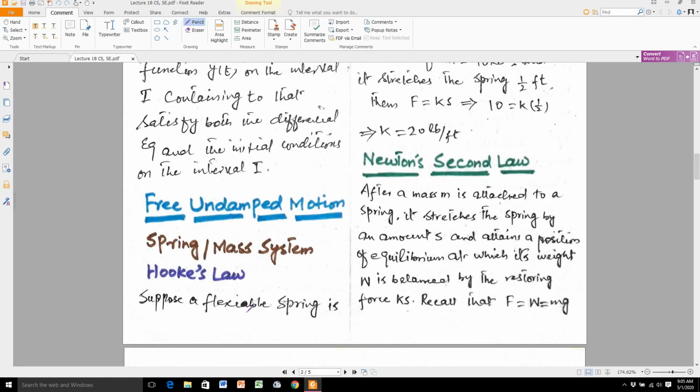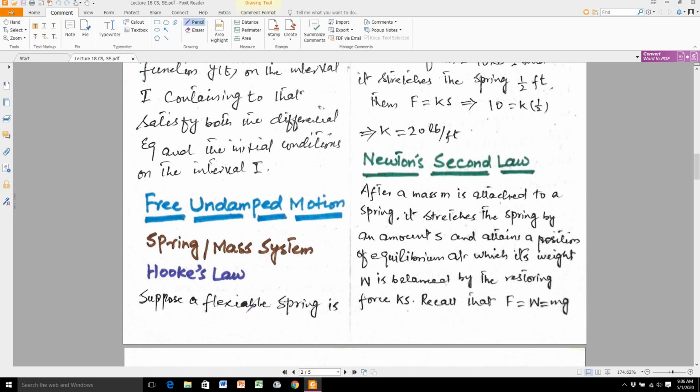The first topic under this heading is the motion of a spring mass system, or SHM, simple harmonic motion, that is free undamped motion. You are very familiar with damped motion and undamped motion, and in this case there are three types of motions: critically damped, underdamped, and overdamped.